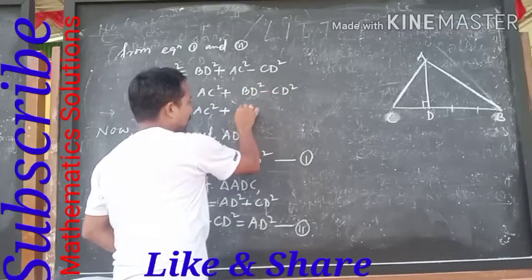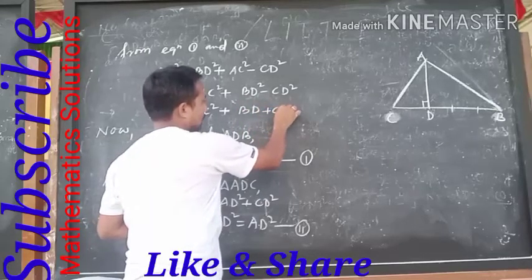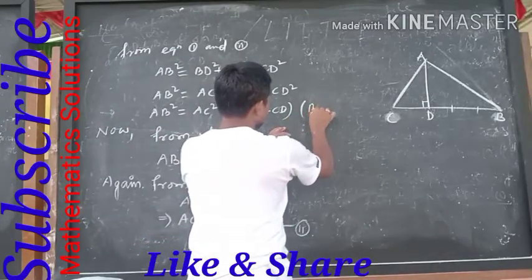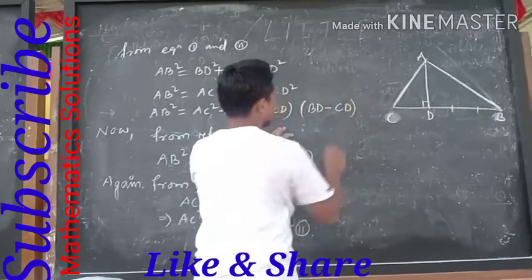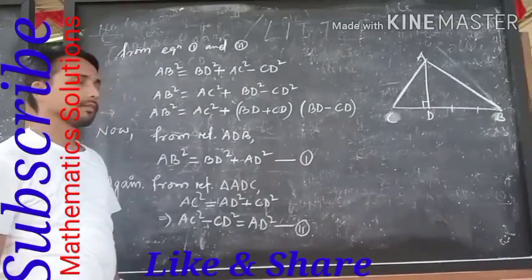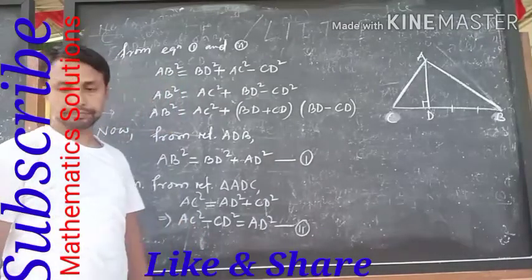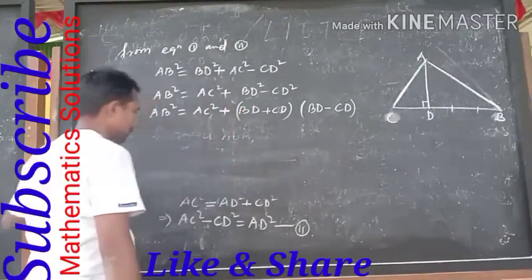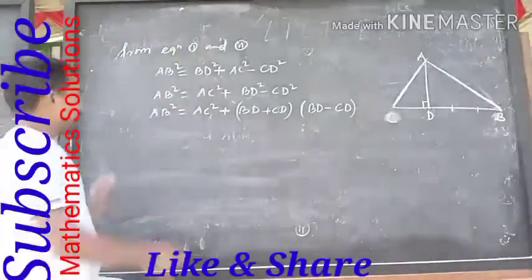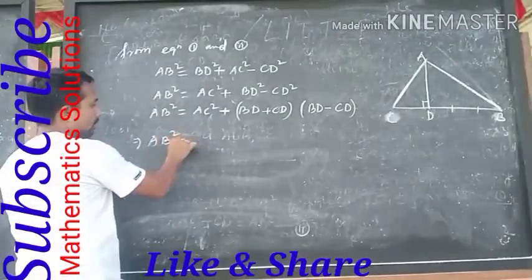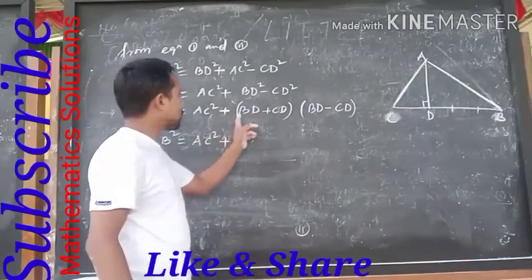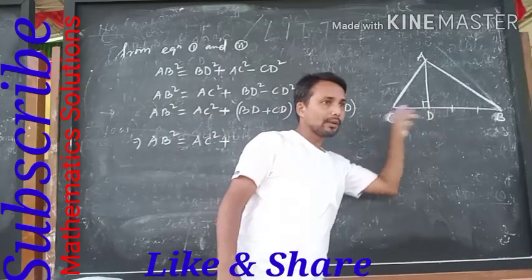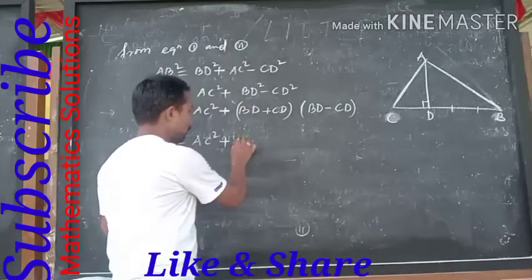Therefore we factor it as A plus B and A minus B. Now AB square equals AC square plus BD plus CD times BD minus CD. BD plus CD together is the length BC.